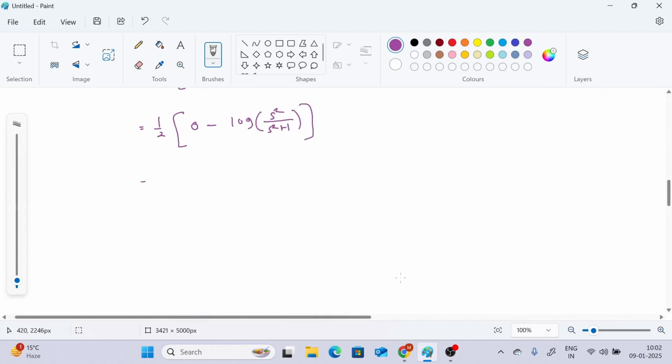Now I am going to write it as 1 by 2 minus log s square upon s square plus 1. I can write here s square plus 1 upon s square directly. For further simplification, we can also write log of s square plus 1 upon s square raised to 1 by 2.